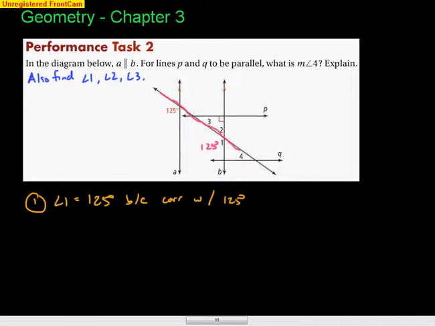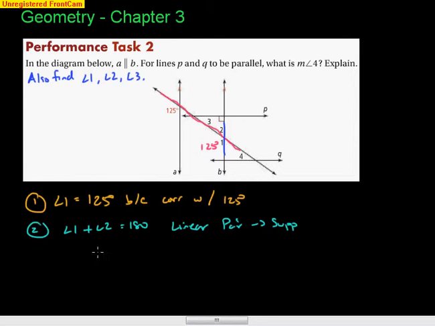If we look at angle 2 here, angle 2 and angle 1 are a linear pair. In blue, line B is the line that angle 1 and angle 2 make. So angle 1 plus angle 2 are 180. They are a linear pair, which means they are supplementary.